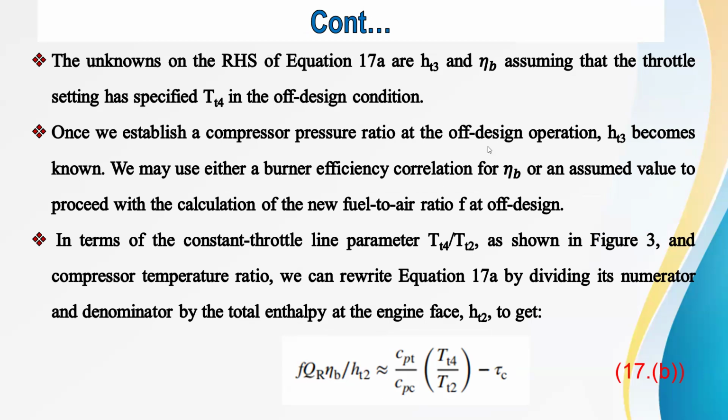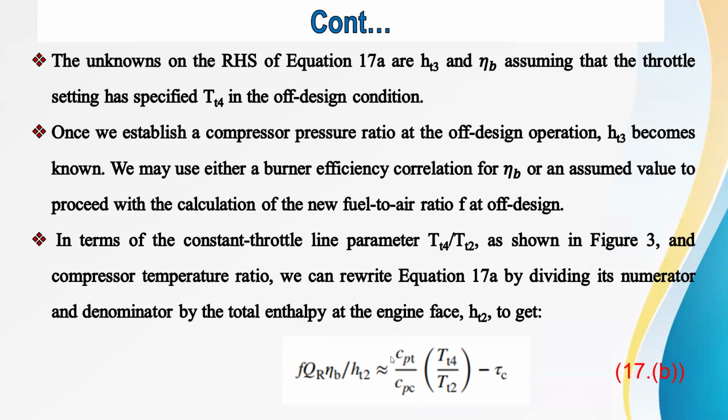Assuming that in the throttle condition, we have these parameters: F times QR eta B, the efficiency, divided by T2, which is related with CP at the throat, what we call CPT over CPC, the turbine to compressor ratio.